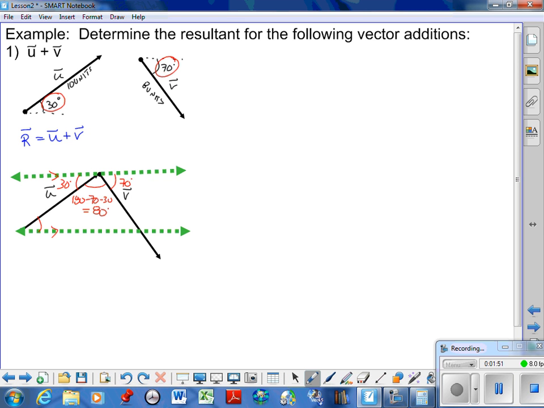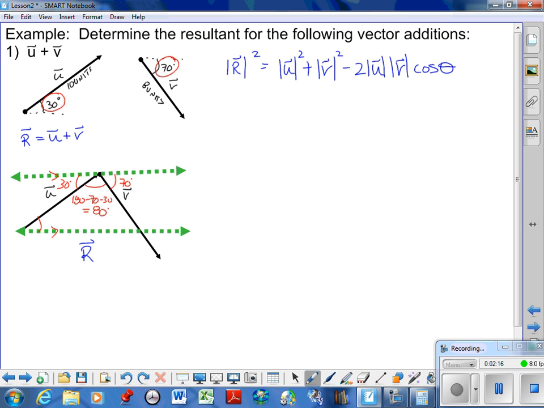That was the one I said would be the most challenging. Step 4 is use cosine law to determine the magnitude of your resultant. So the magnitude of the resultant, from our cosine law, looks like this: magnitude of u squared plus magnitude of v squared minus 2 multiplied by magnitude of u, magnitude of v, cos theta.